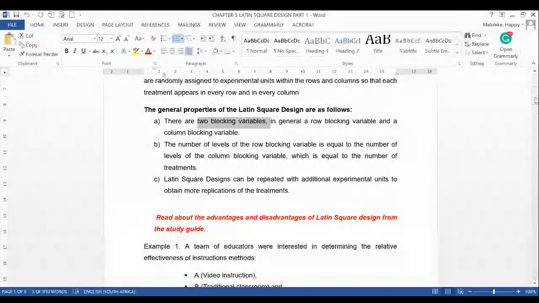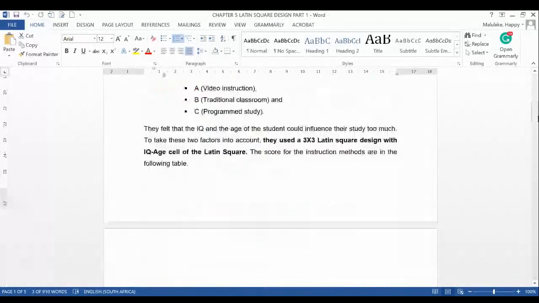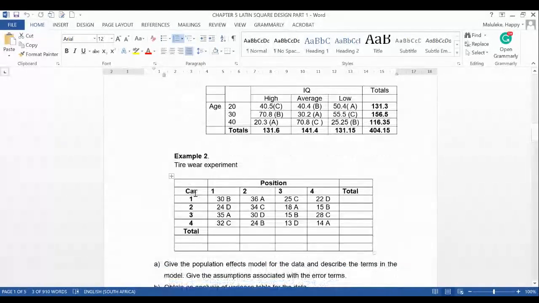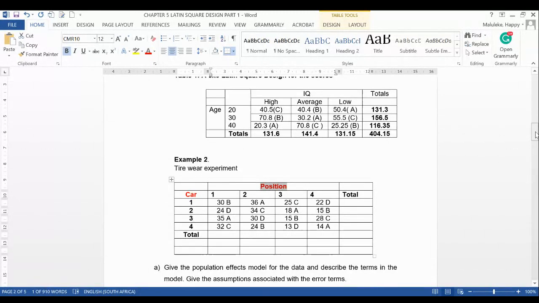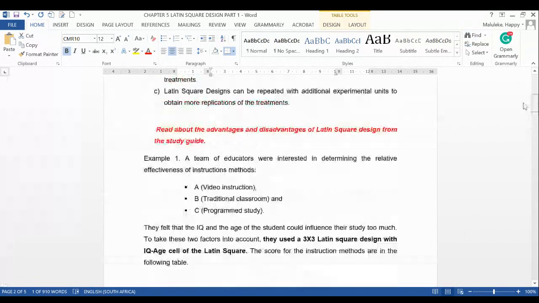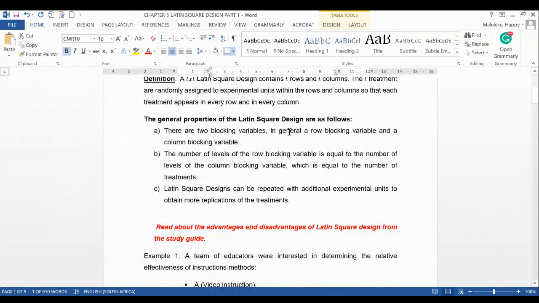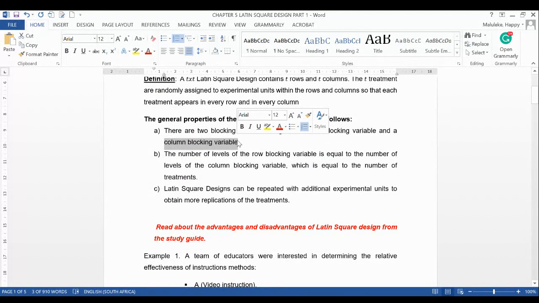We're blocking by car and the position. So the first one is covered. In general, rows blocking variable and column blocking variable. So the first property is covered.